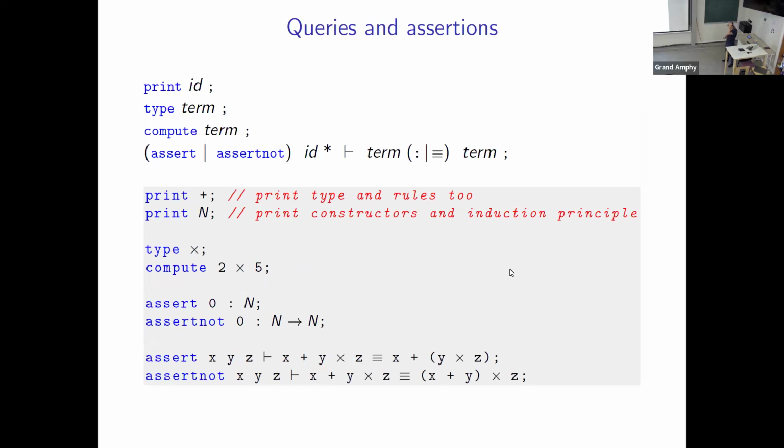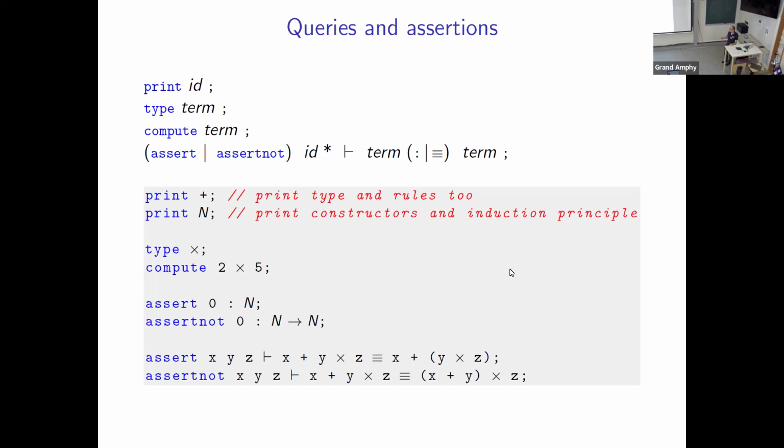And so what else can you do in LambdaPy? You can make queries and check some assertions. So you can, for instance, if you write print some identifier, then you can get some information about some symbol, what is its type, its defining rules, and so on. You can ask the type of a term, and you can also ask the system to compute the normal form of some term.